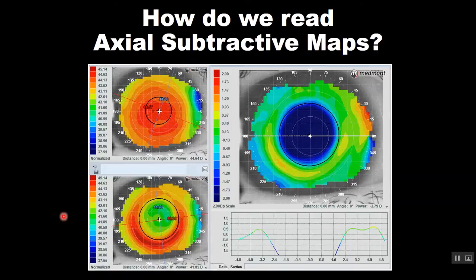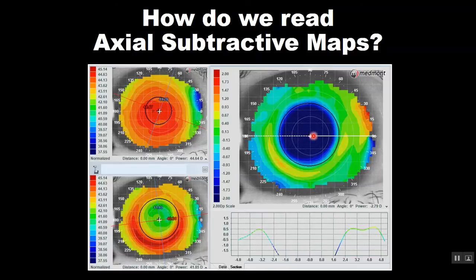Now, part of the story is understanding the subtractive map. And John Mountford was one of the first to explain how to really use these maps to best appreciate the Ortho-K outcome. So what you do is you compare before Ortho-K to after Ortho-K. So pre-treatment pristine cornea compared to the post-treated orthokeratology topography.